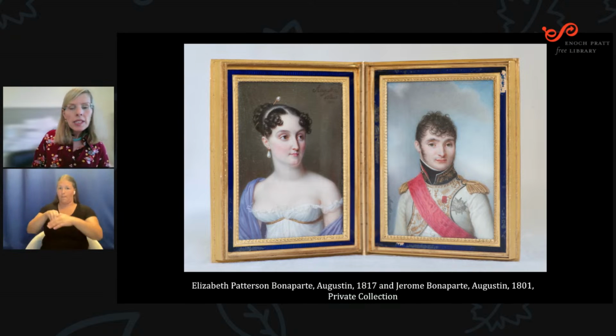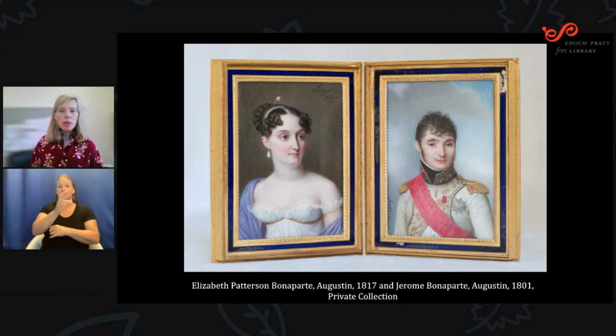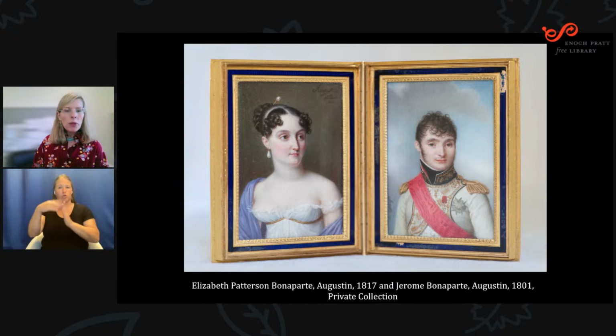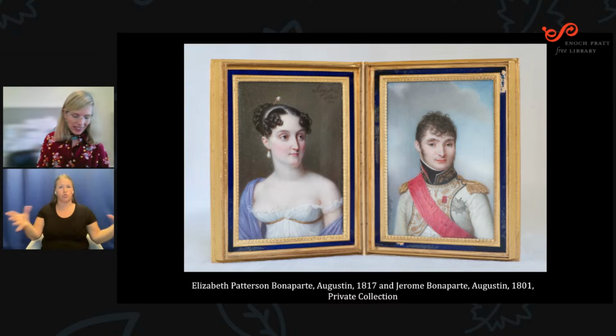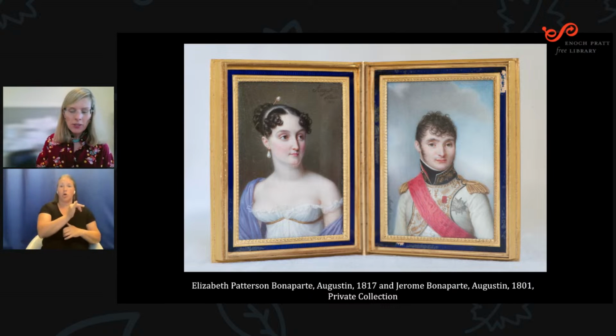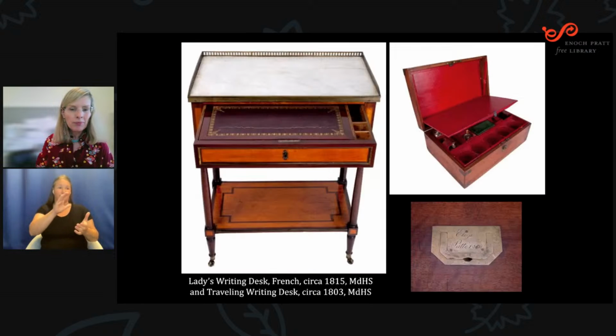In 1817, she creates an unusual union of miniatures, an 1801 portrait of her ex-husband united with her own portrait in 1817. I think it is an unusual thing for a woman to unite their own portrait with their ex-husband, but this is the imperial legacy, because ultimately this miniature will go to her son and pass through the generations.